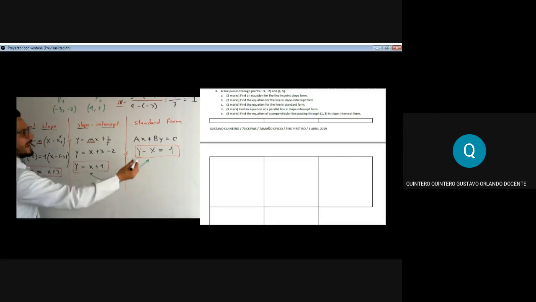Remember, we are trying to isolate C. To isolate C, take everything that is not C and put it on the other side. So the x, look, the x has no sign there. That means the positive is implied. So this x is positive. You pass it to the other side, it will be negative.